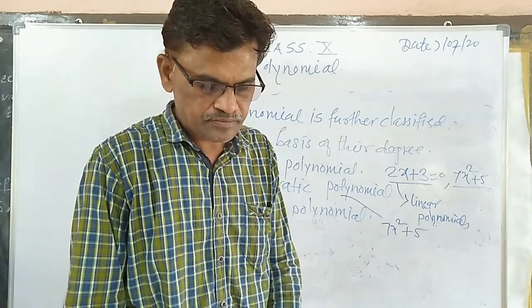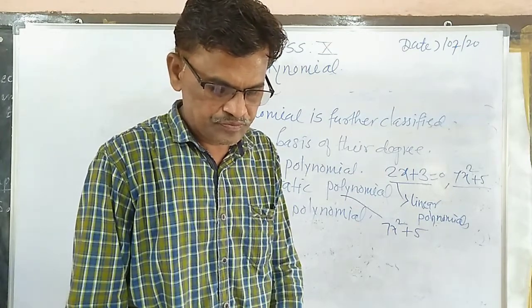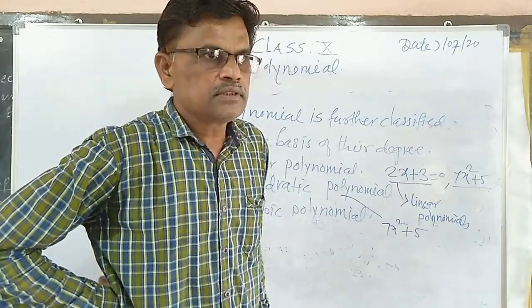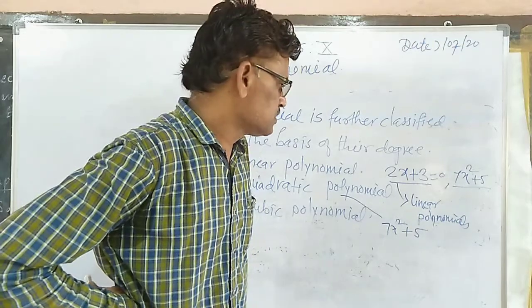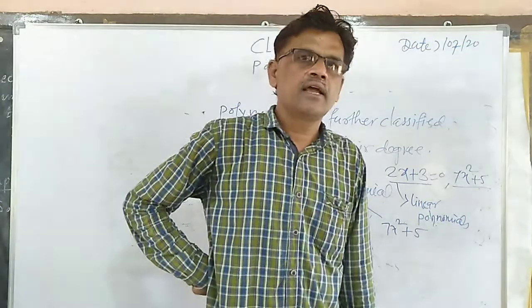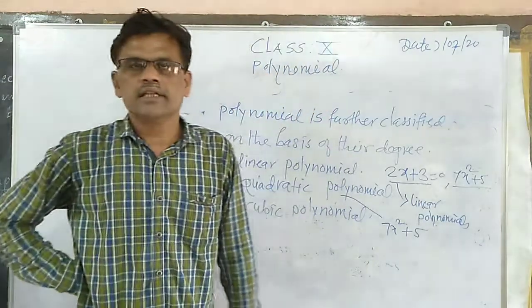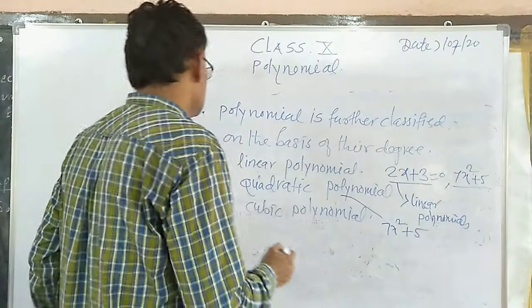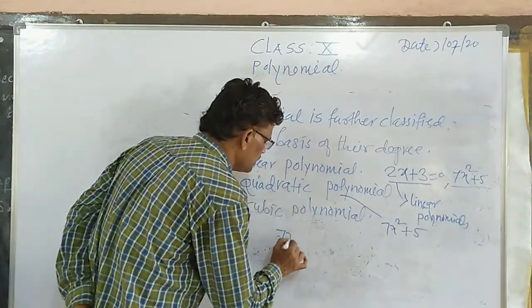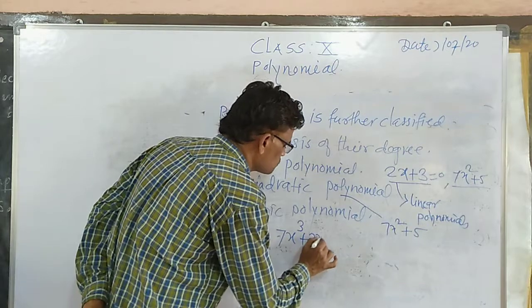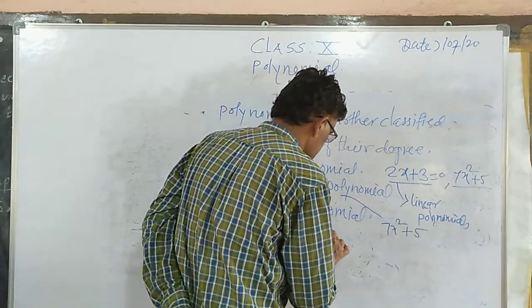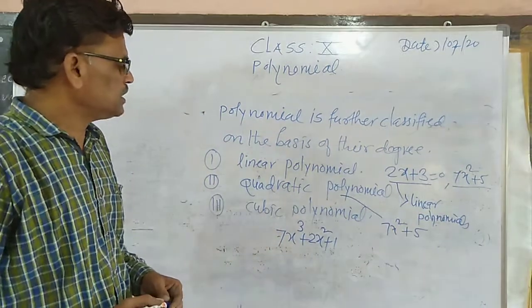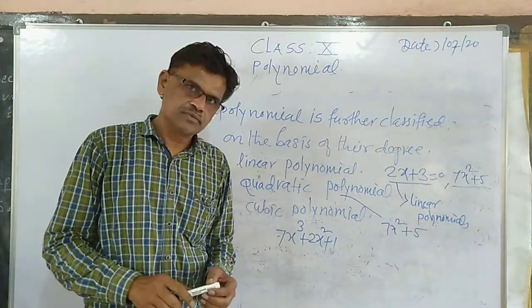Next one, we'll see when there is degree 3, then that polynomial is called a cubic polynomial. Cubic polynomial, 7x cube plus 2x square plus 1. You see here the degree of this polynomial is 3.